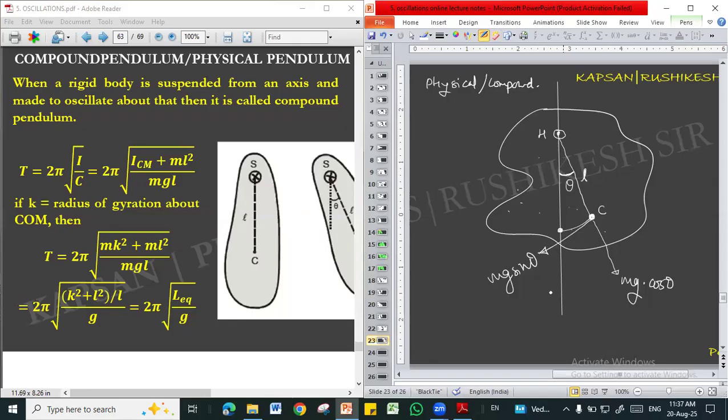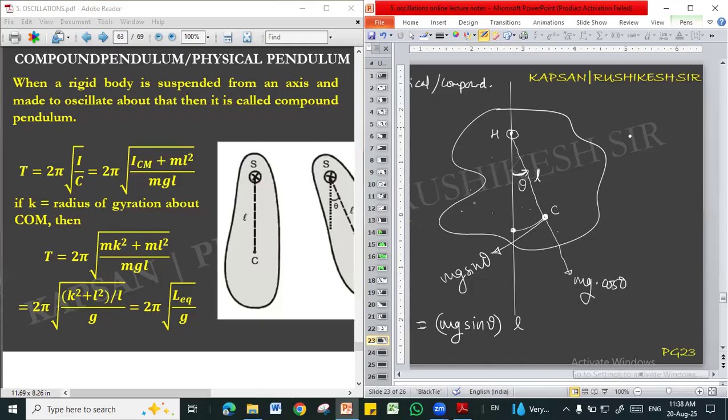Okay, now the mg cos component passes through the hinge, so it will not apply any torque. The restoring torque is provided by mg sin theta. This is force into the perpendicular distance of the force. What is the perpendicular distance of this mg sin theta from the hinge? It is L. Of course, you can use the minus sign because angular displacement theta and the torque are opposite to each other, but for the time being, ignore the minus sign.